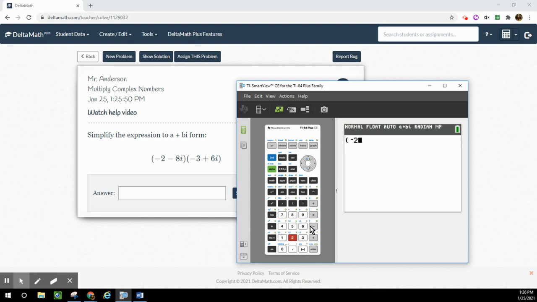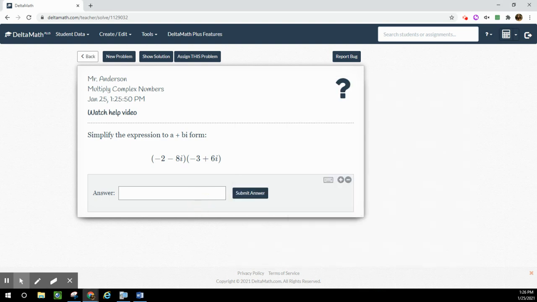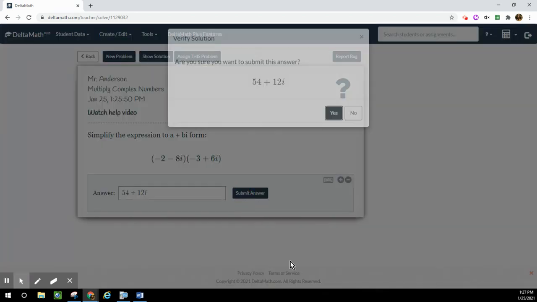Negative 2 minus 8i times negative 3 plus 6i, enter: 54 plus 12i.